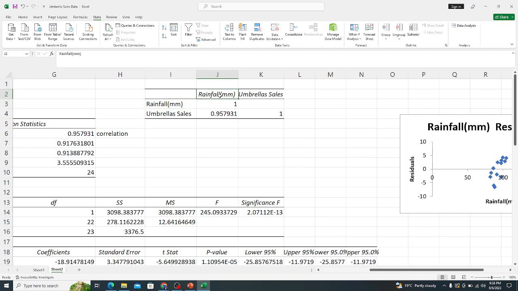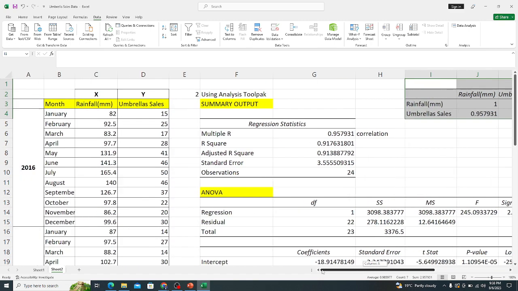Then for rainfall amount and umbrella sales, we get a correlation of 0.95, and for umbrella and umbrella we have a perfect correlation. So this is called a correlation matrix. Let's go back to correlation.